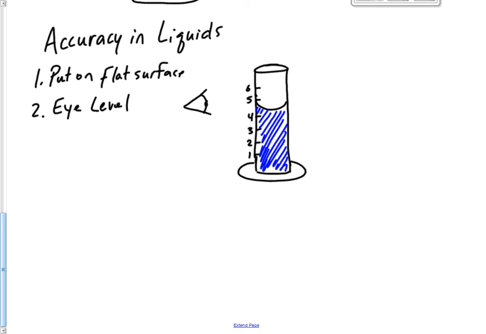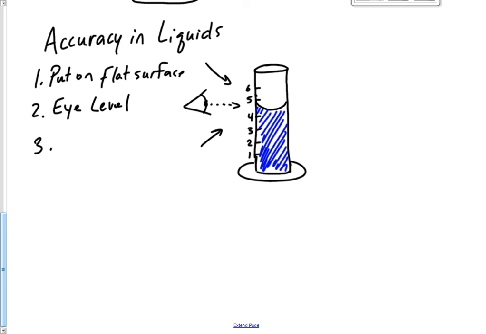Say that's an eyeball. You want to be looking directly at it. You don't want to look at it from up here, and you don't want to look at it from down there. You want to be looking straight at it. So get your body and your eyes down to the table. That's why I like to use high tables, because I don't have to get down so far.